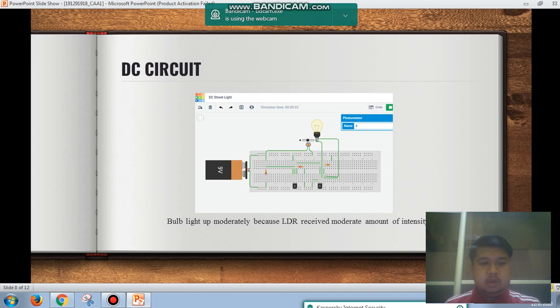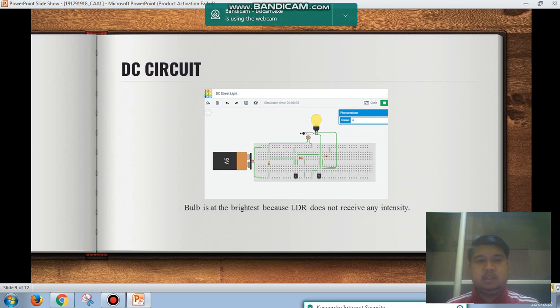Second, DC circuit. The bulb lights up moderately because the LDR receives a moderate amount of intensity. In the circuit, we move the LDR from right to mid, so the bulb lights up moderately.